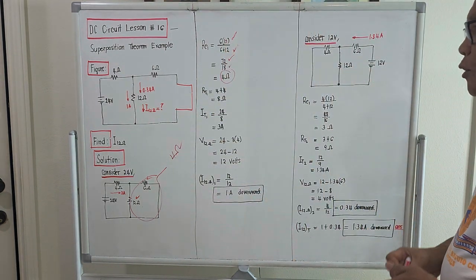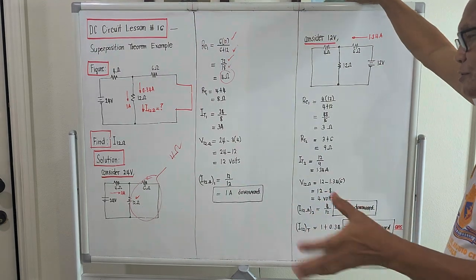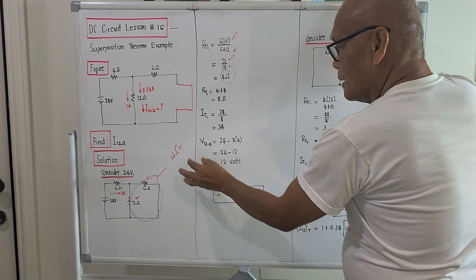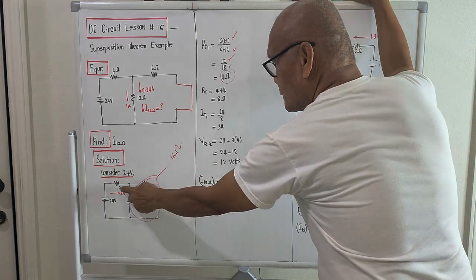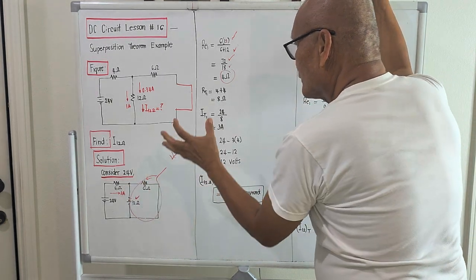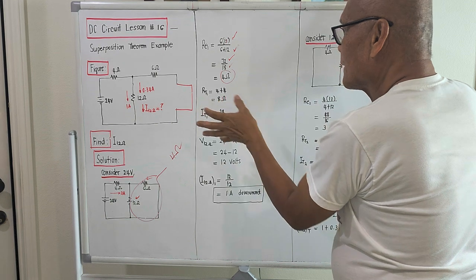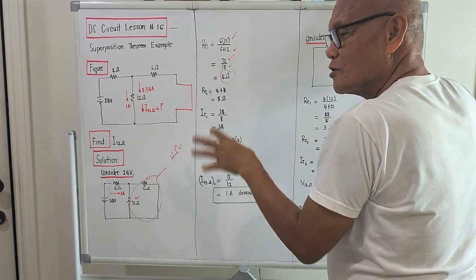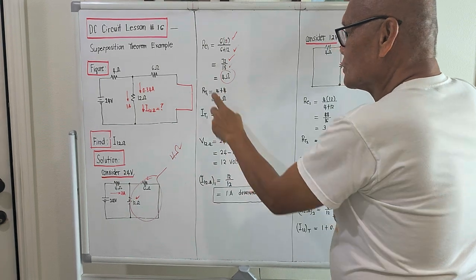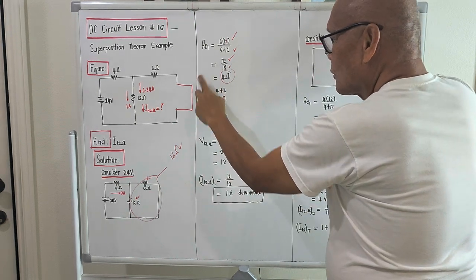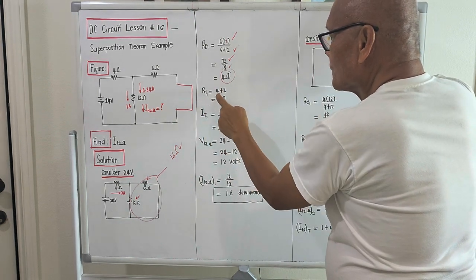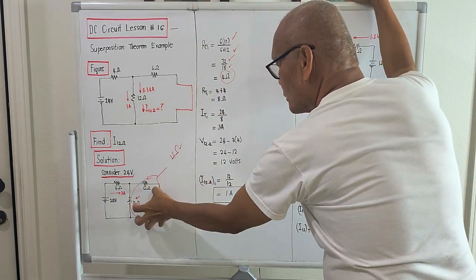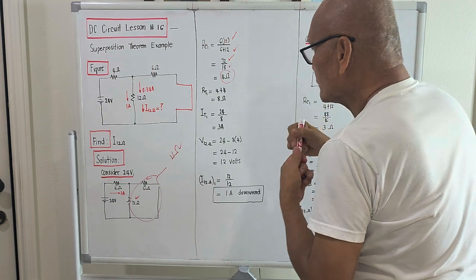To compute the total resistance considering the 24 volt source, this 4 ohm will now be in series with this one. So instead of designating it RE2, that will now be our total resistance considering the 24 volt source. So capital R with subscript T1 should be equal to 4 plus 4. This 4 here will be in series with the single equivalent of this one, so it comes out to be 8 ohms.